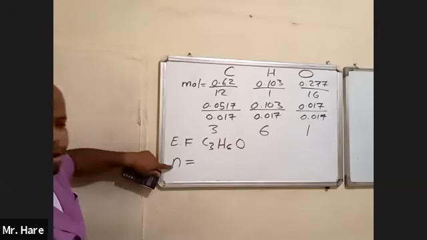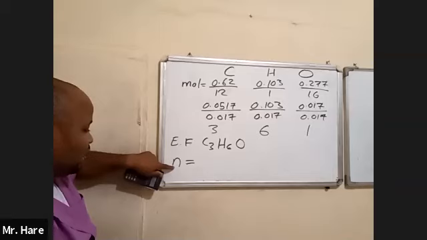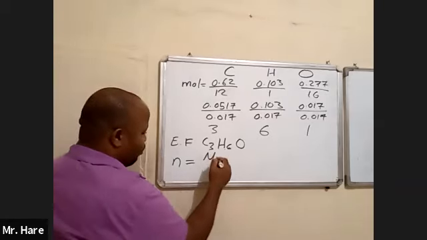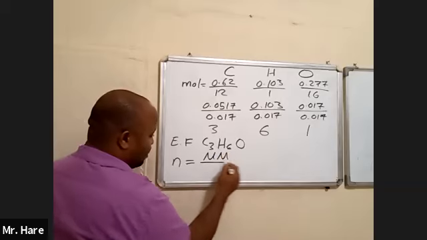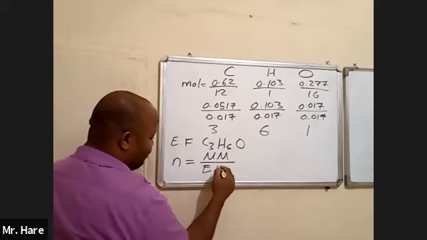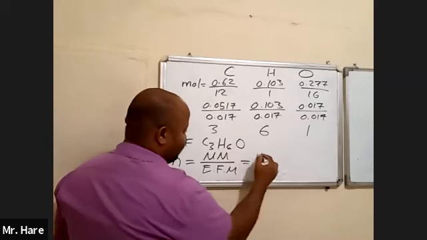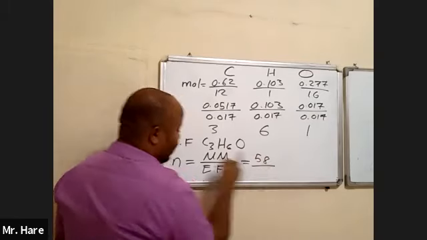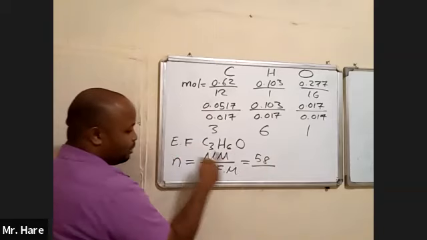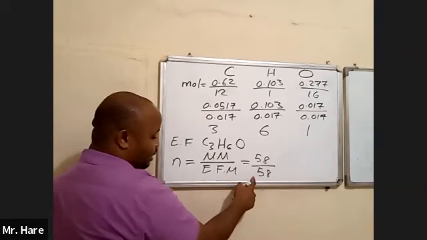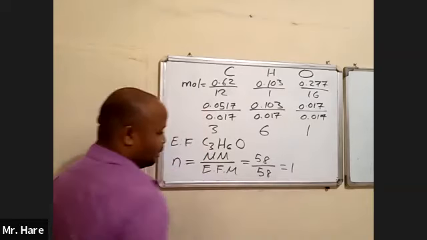Let's call it N. N is the molar mass of the compound divided by the empirical formula mass. The molar mass they said was 58, and we calculated our empirical formula mass to be 58 as well. So 58 divided by 58 is 1.